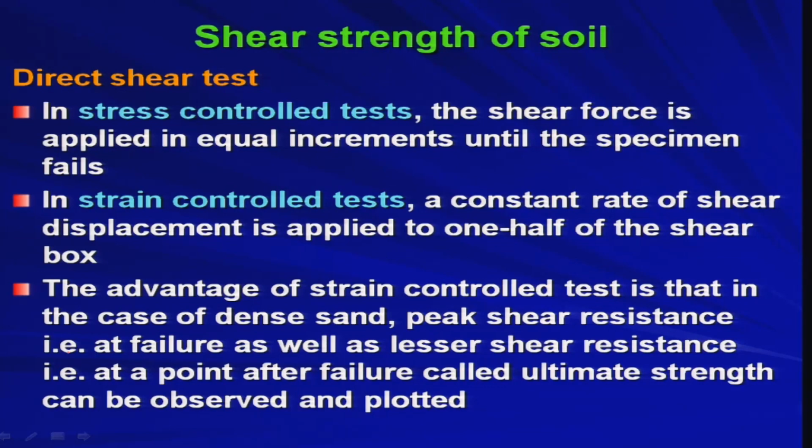We have seen that because in the case of dense sand you get the plot of shear stress versus shear displacement. If you plot that curve, you get an initial increase, then it reaches the peak, and then it falls down and becomes constant at higher shear displacement.